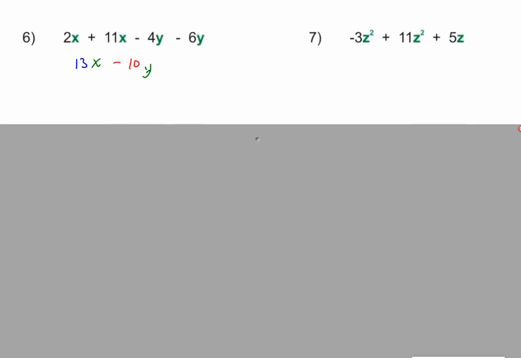You would be all the correct ones. 2 of them and 11 more of them is 13 of them. A negative 4 of them and another negative 6 of them is a negative 10 of those, right? 13x minus 10y. Does that make sense? We're adding up the like things. Okay, try 7.